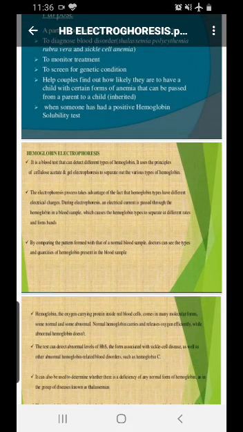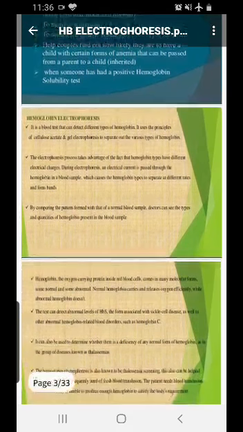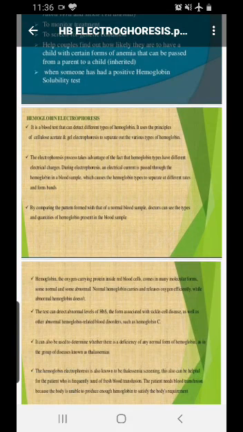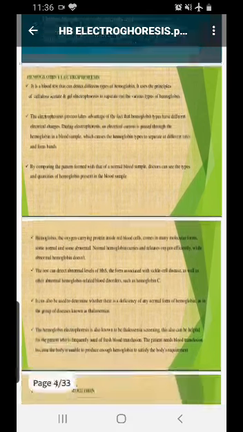This process takes advantage of the fact that the hemoglobin types have different electrical charges. During electrophoresis, the electric current is passed through a sample and the hemoglobin types are separated and form different bands.